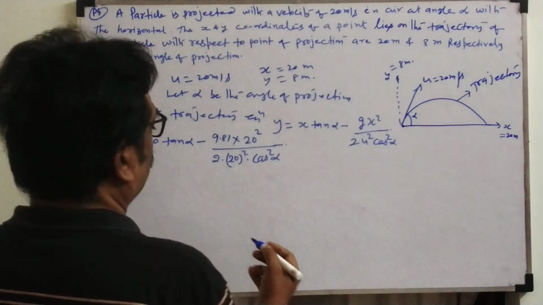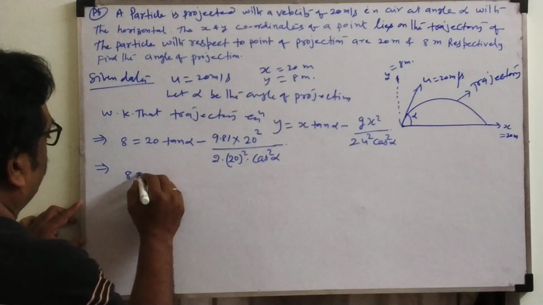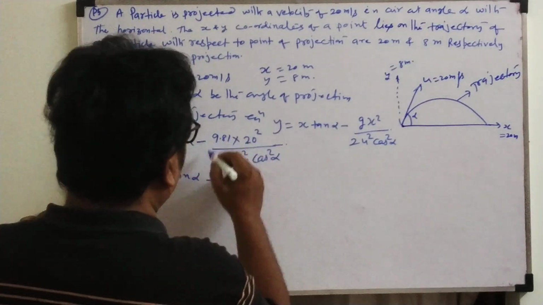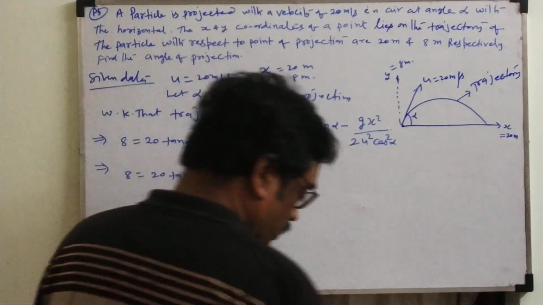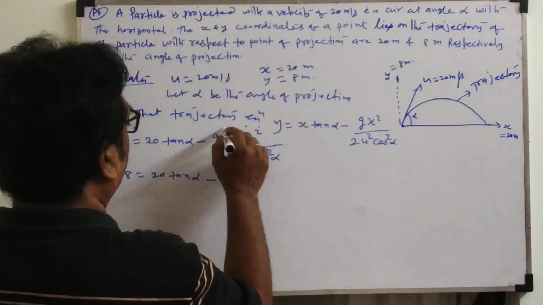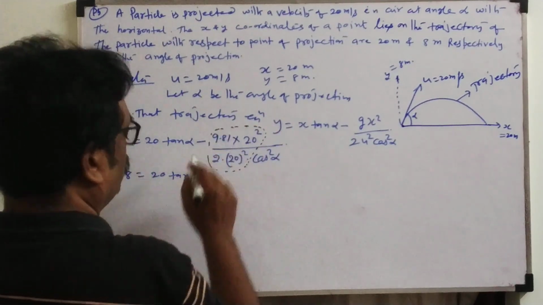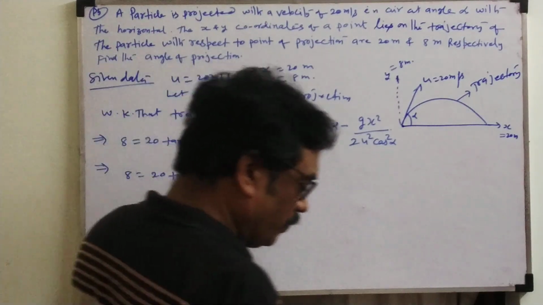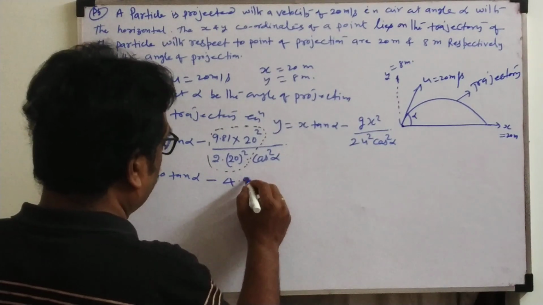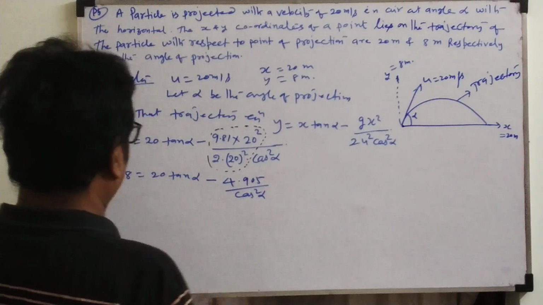Now we will solve this. 8 equal to 20 tan alpha minus this; all the numerical value we will calculate. If we calculate this part, the value is coming 4.905 divided by cos square alpha.